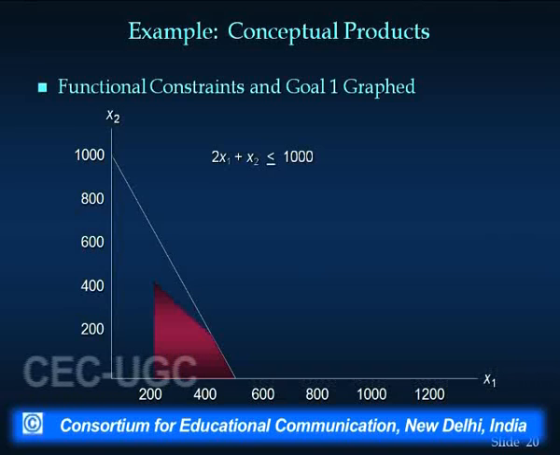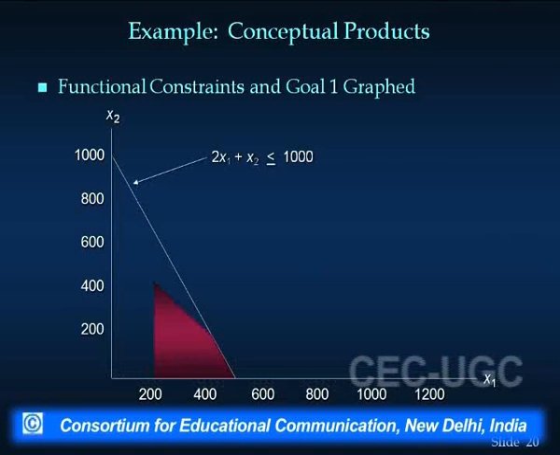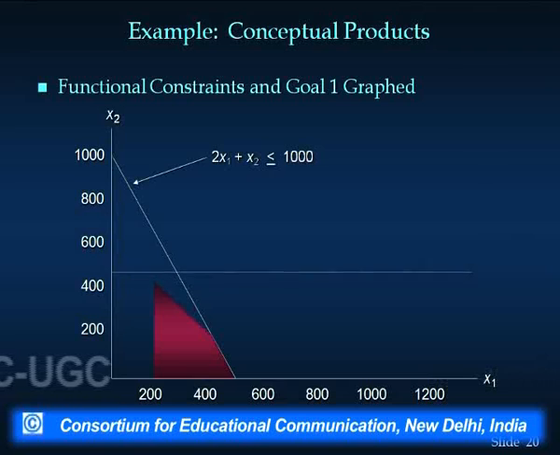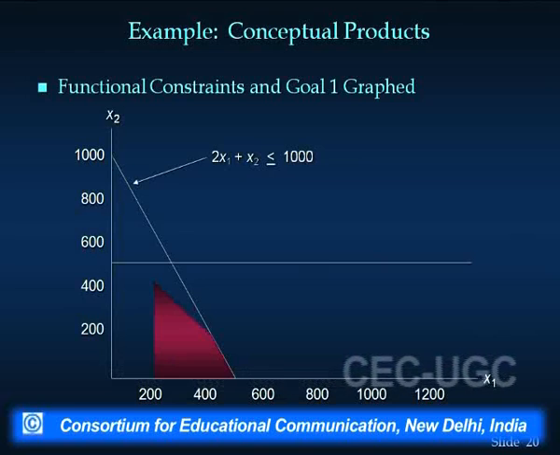The next functional constraint, x2 should be less than or equal to 500, and this is given by a horizontal line. This is also a functional constraint.